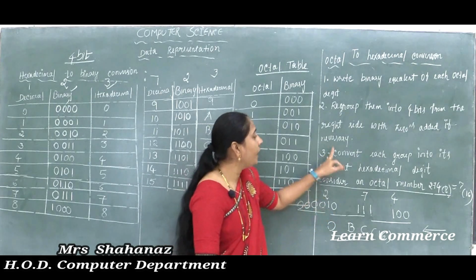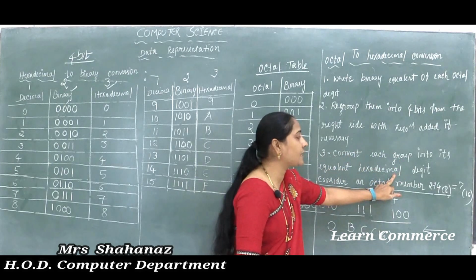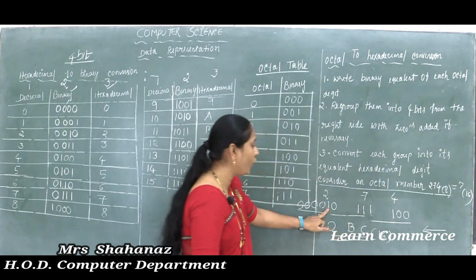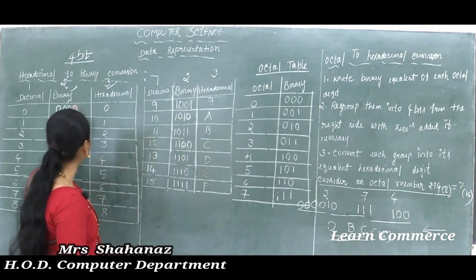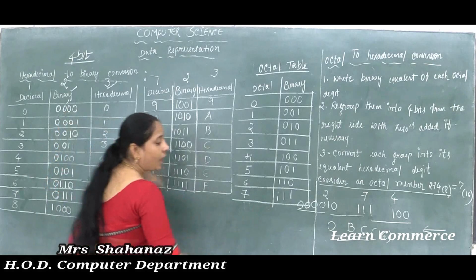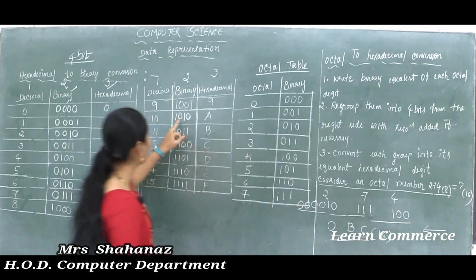And later next one, step 3, convert each group into its equivalent hexadecimal digit. For the value, correctly we need to find out. So 0000, that means no problem, 0. After that I found the value for 1011.